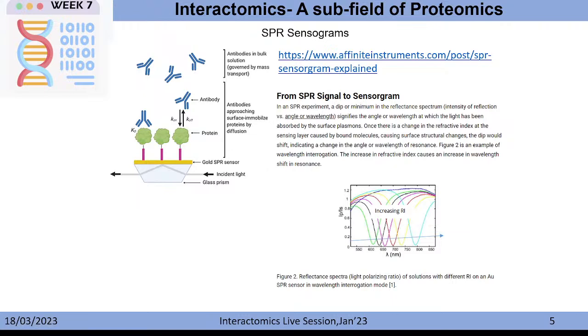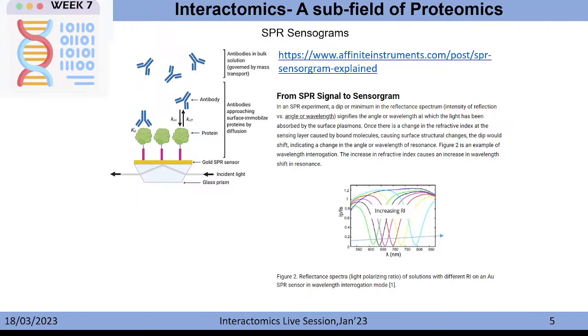So, from SPR signal to sensorgram. The dip or minimum in the reflectance spectrum, intensity of reflection versus angle or wavelength, signifies the angle or wavelength at which the light has been absorbed by the surface plasmon. Whatever is present on the surface gets absorbed, and there will be a shift in the reflectance spectrum once there is a change in the refractive index of the sensing layer, followed by bound molecules causing surface structural changes.